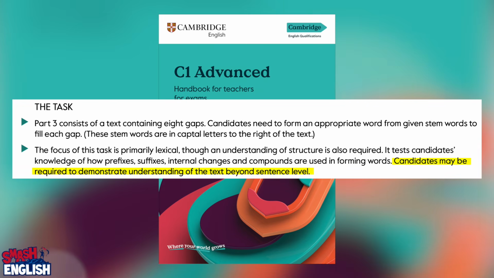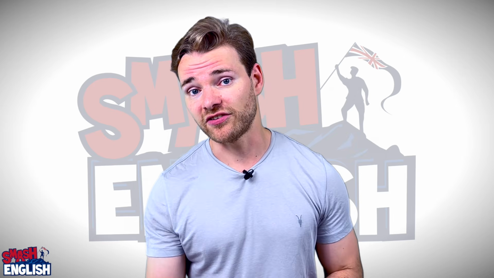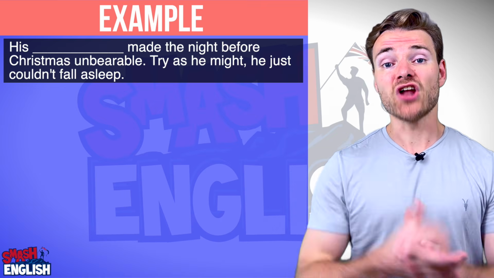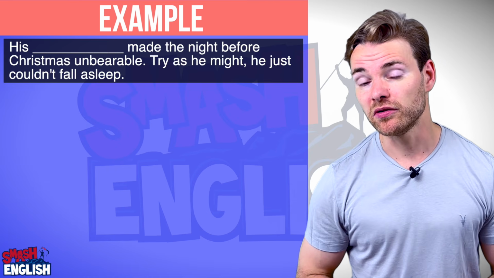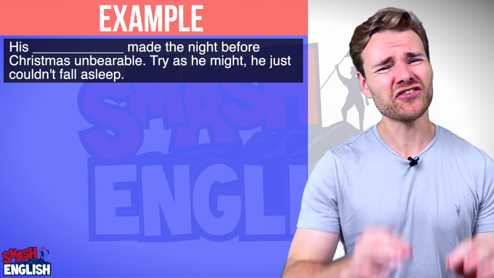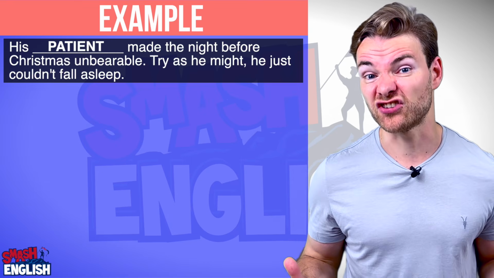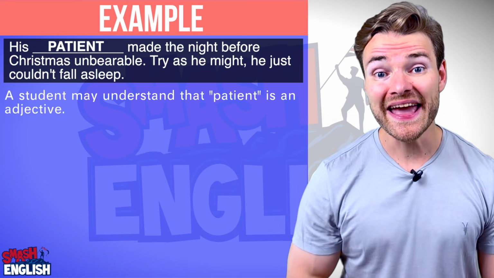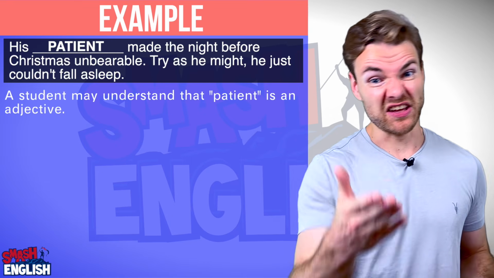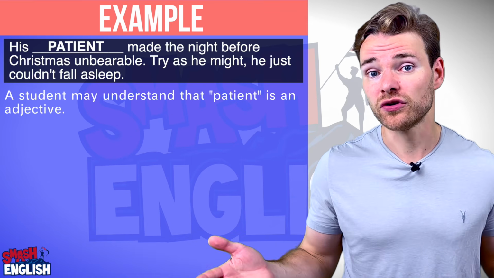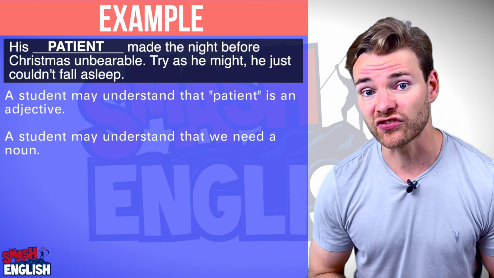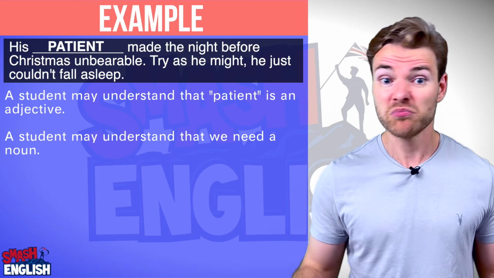Let me give you an example of this in practice. Here's made the night before Christmas unbearable. Try as he might, he just couldn't fall asleep. Our word in bold is patient. Now, a student may understand that patient is an adjective. Good. Then, a student may understand that we need a noun. Good.